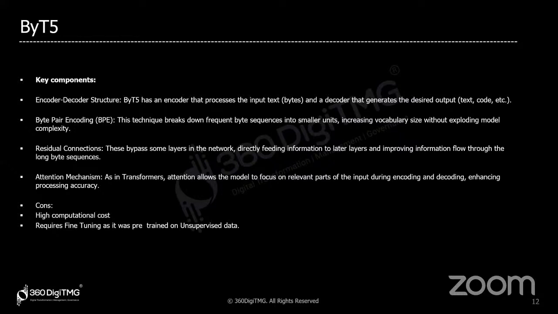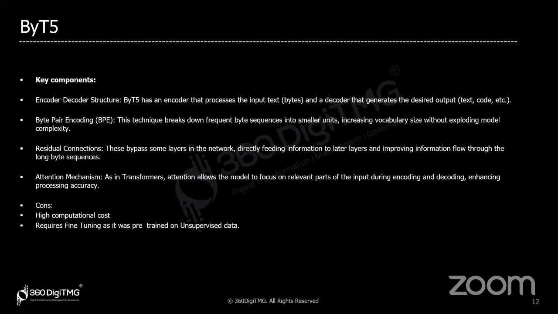And residual connections bypass some layers in the network, directly feeding the information to later layers and improving the information flow through the long byte sequences. This will save time, and it will save the complexity of the model also.